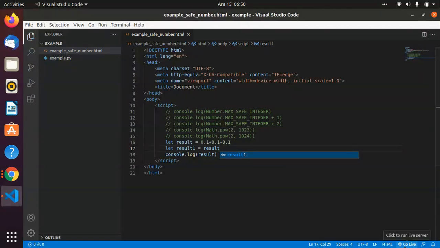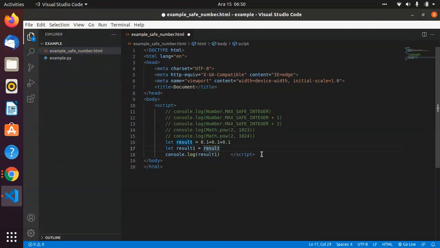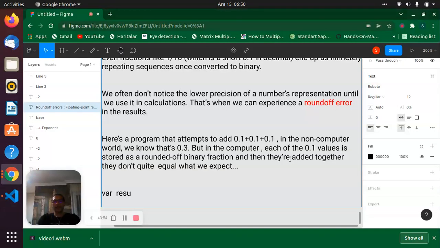Then you want to log result1. Anyway, you can say result plus 1, something like that. What do you think will happen here? Say go live. We will look together.